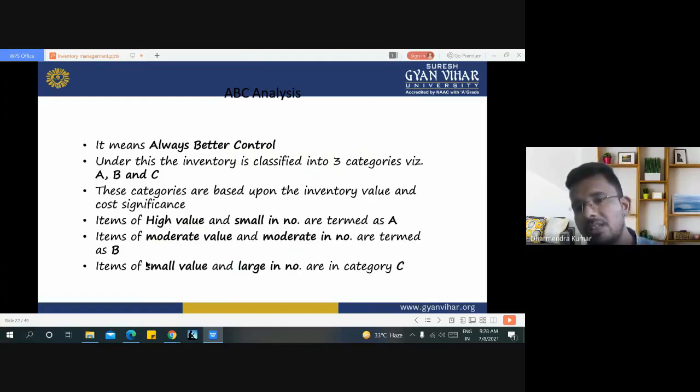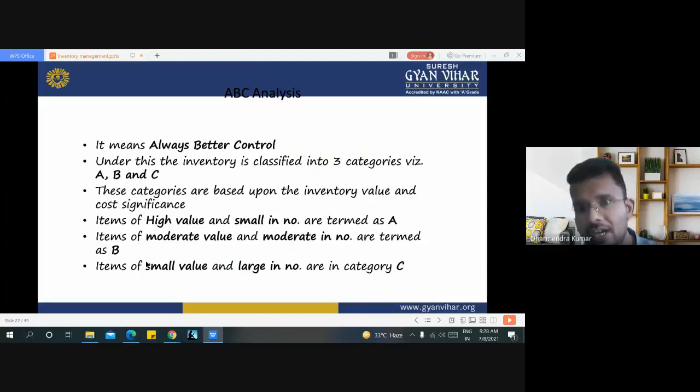Thus, in the ABC analysis, we categorize items into three categories: A, B, and C. In the A category, we put a small number of items which have more inventory value on the basis of pricing.